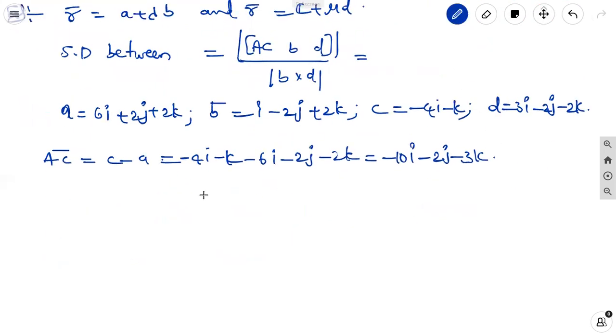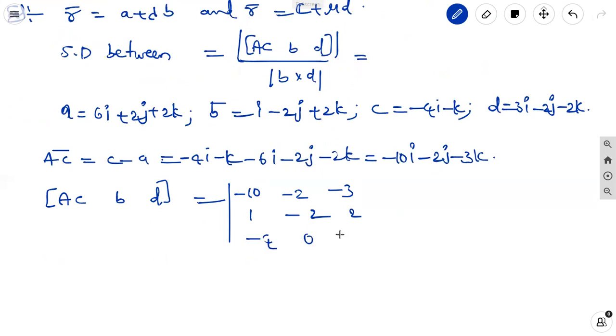Then first find the volume of AC, B, D, equal to the determinant with rows minus 10, minus 2, minus 3; B is 1, minus 2, 2; sorry, not C, it is D; D is 3, minus 2, minus 2.